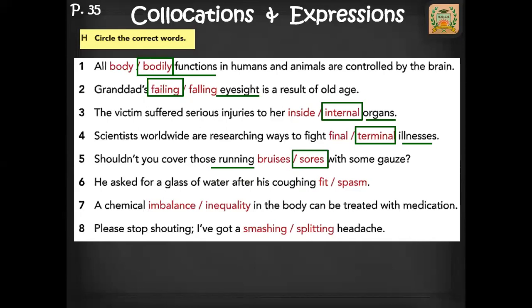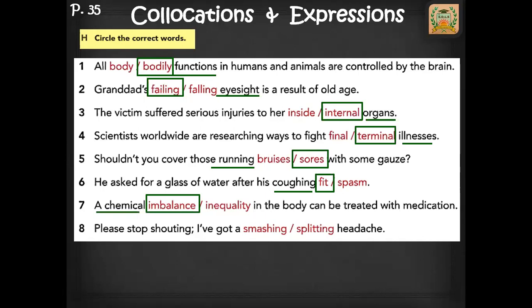Running sores, yes, once there is a liquid that comes out from the skin. Number six, he asked for a glass of water after his coughing fit. Number seven, a chemical imbalance in the body can be treated with medication.